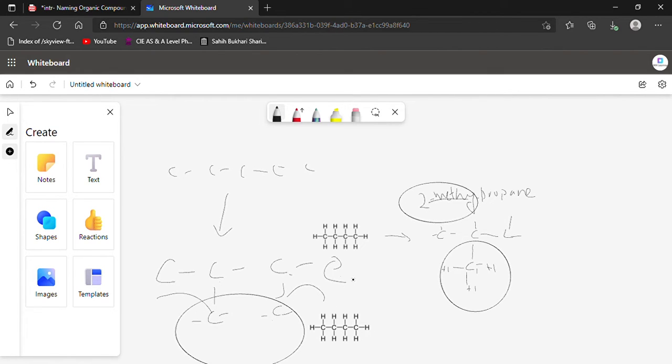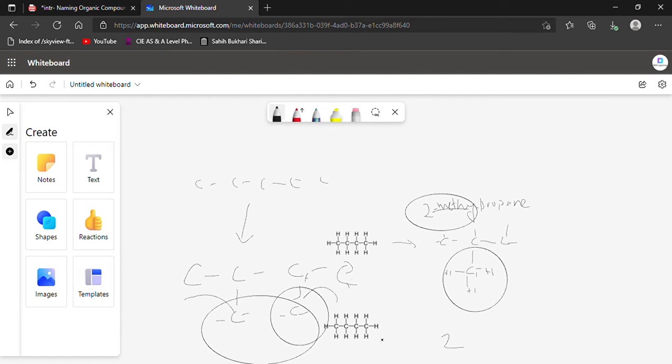So the shortest route to this group is from here, 1, 2. So it could be 2-methyl, but there is more than one methyl.